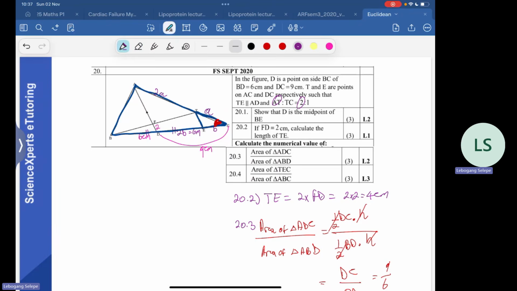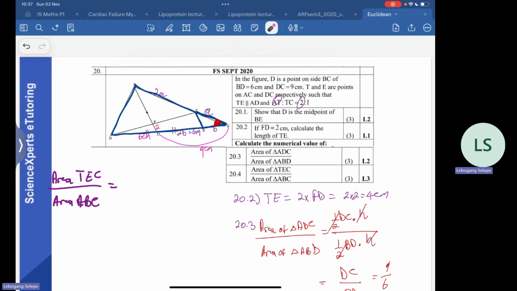So here I have area of TEC over area of ABC, right? Now let's take a look at triangle TEC. If I'm using the angle C, I'm gonna use the sides, this one and that one. If I'm using this angle, the sides must be included.